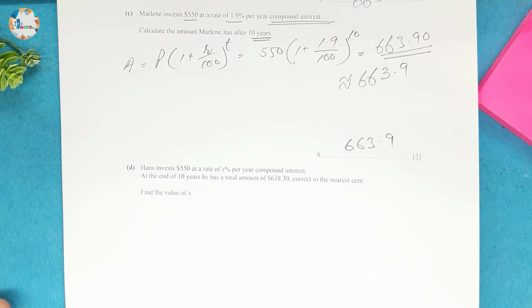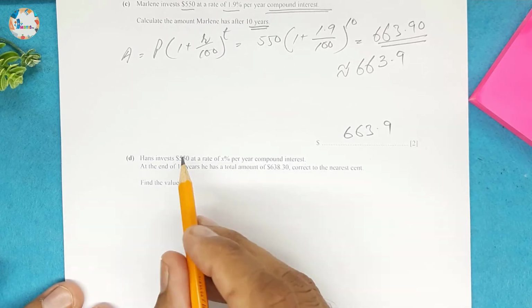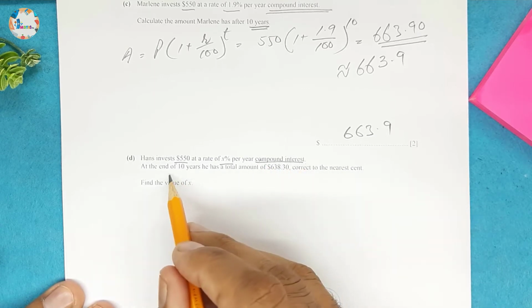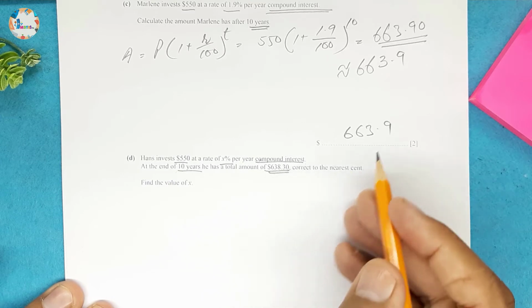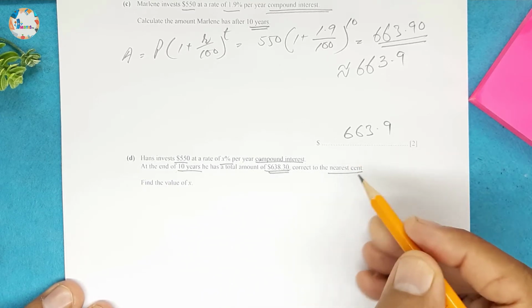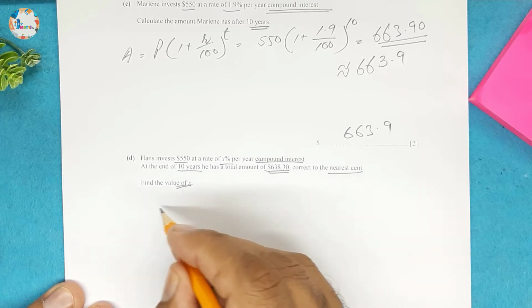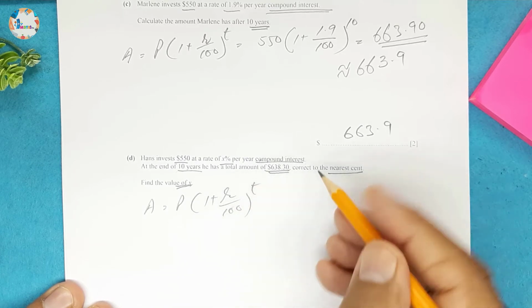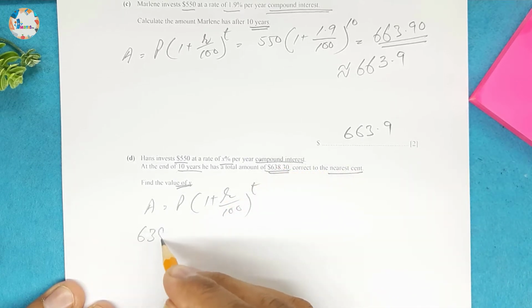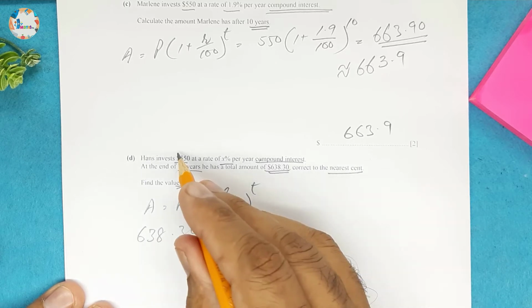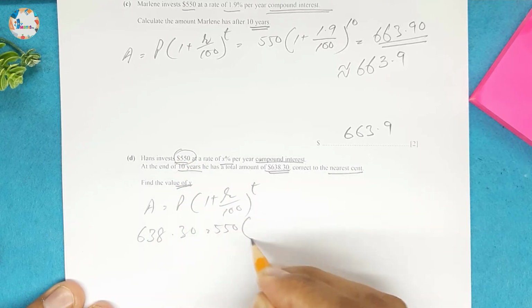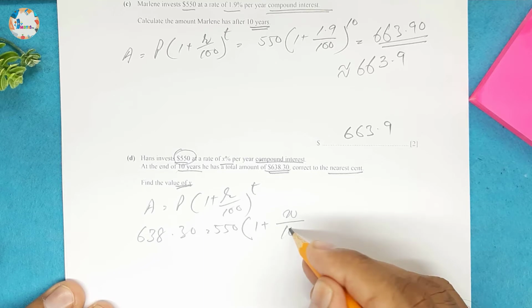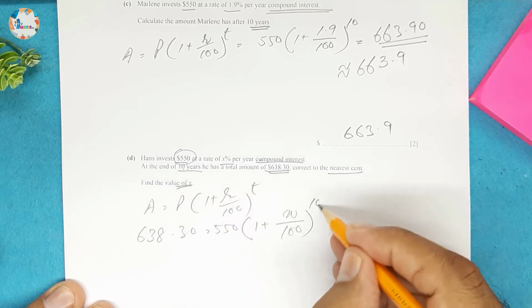Then part D. Hence invests 550 at a rate X per year, also compound interest. At the end of 10 years, the total amount is this one, correct to the nearest cent. Find the value of X. Again we'll apply the same formula, 1 plus r over 100 raised to the power t. 638.30 is equal to the principal amount 550 times 1 plus X over 100 raised to the power 10, since we don't know the rate.